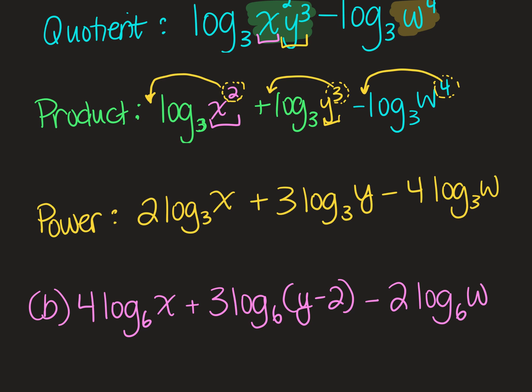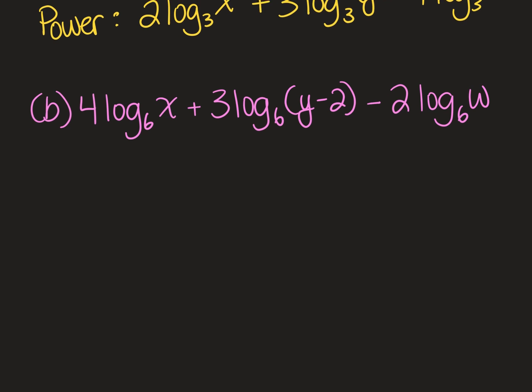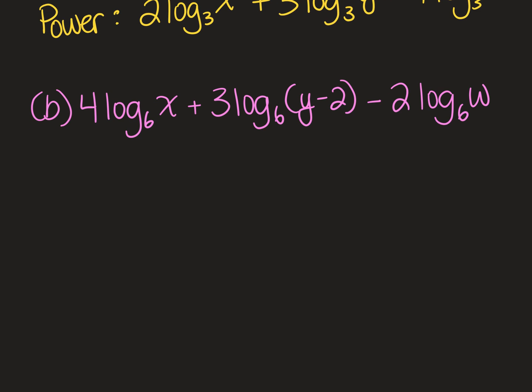Okay, so let's take a totally expanded form and try to condense it. So this is what it's going to ask you to do. It's going to take multiple logarithms, and we're going to try to write it as a single logarithm. So we ended with the power property going the other direction. I always start with the power property if I'm trying to go to a more condensed form of that logarithm.